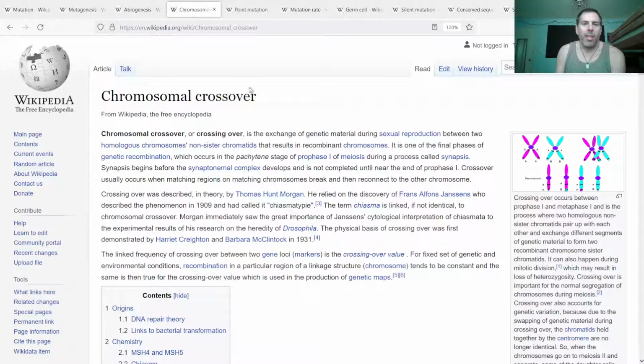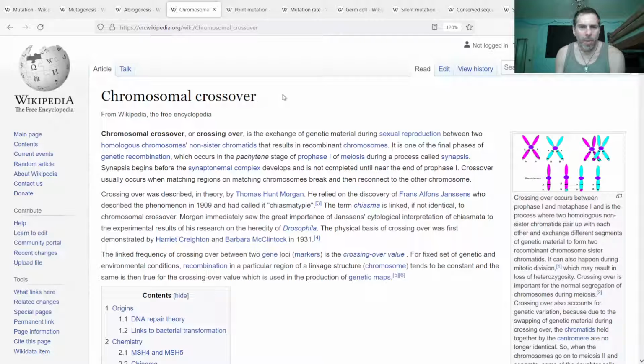One thing that life does during meiosis is that you get different chromosomes from each parent in a diploid organism, such as a human, and in that process, the chromosomes swap sections to shuffle the genes around a little bit more.